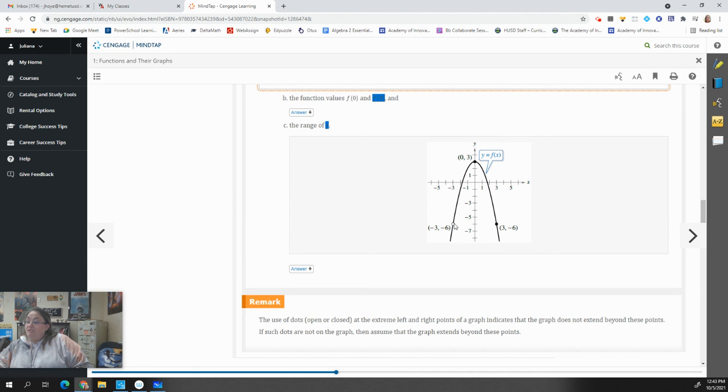At -3, 6, it means we are not including that number, right? It hits everywhere but that number. Who knows? It could be like some kind of a fraction where there's an x in the denominator, like that -3 would make that 0. There's a reason for it. I don't know what the reason is. But if I look at this graph, that open dot automatically tells me that I can't include -3 in the domain.